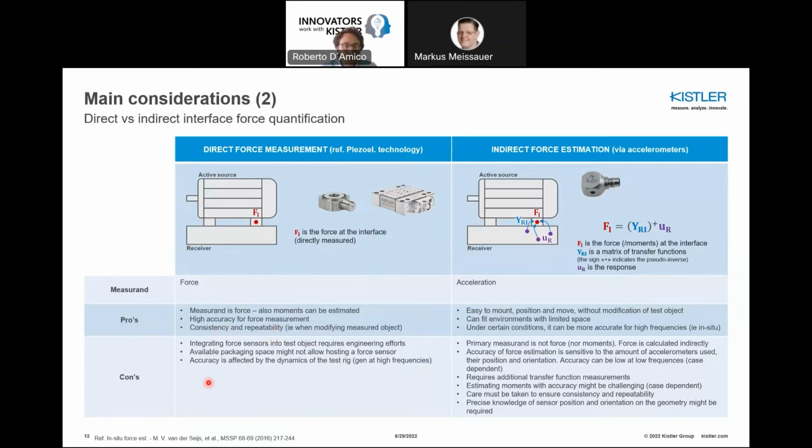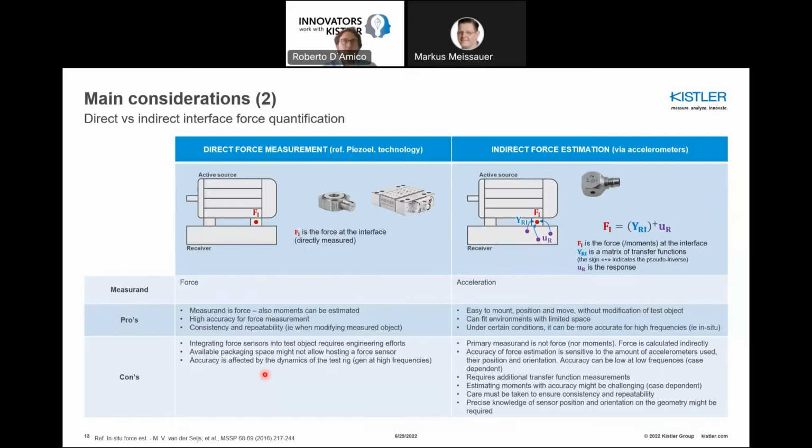In terms of cons, integrating a force sensor into a test object might require engineering effort. In most cases, it is like that, and of course, you have to account for that. Also, the available packaging space around the object might not allow hosting a force sensor. In some cases, the available spaces in automotive are extremely narrow, and it's not easy to fit a force sensor. The third point is about accuracy.